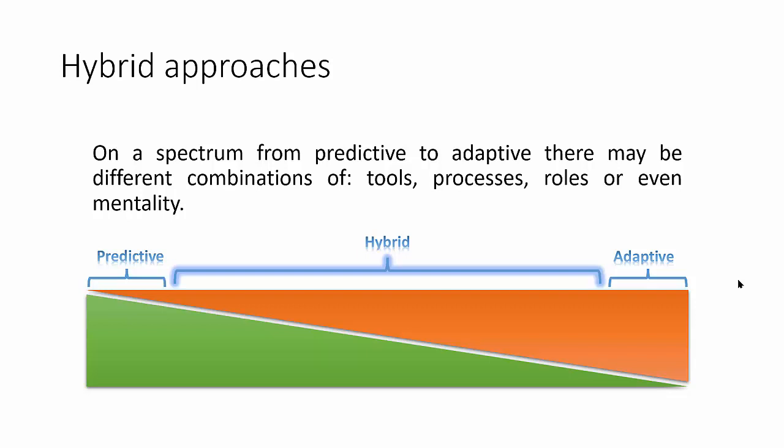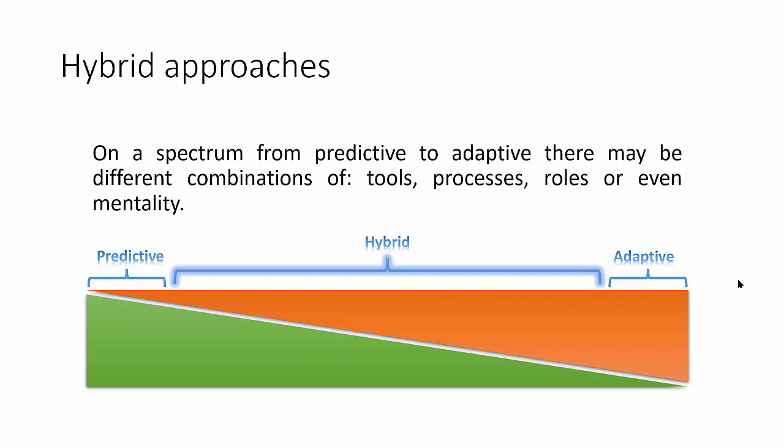In particular, if we look at the whole spectrum of possible project management approaches, hybrid approaches are the ones there in the middle. While on one end we have the predictive approaches where planning is critical, and on the other end we have the pure adaptive approaches such as Scrum, for example, that I have just described to you.